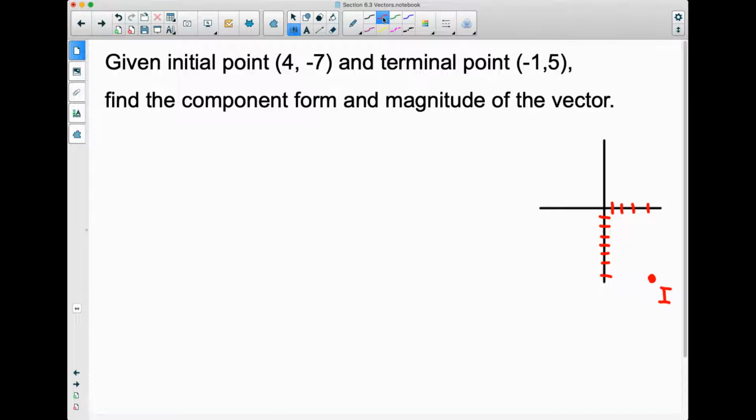That being my initial. And then I have -1, 5. And that's my terminal.